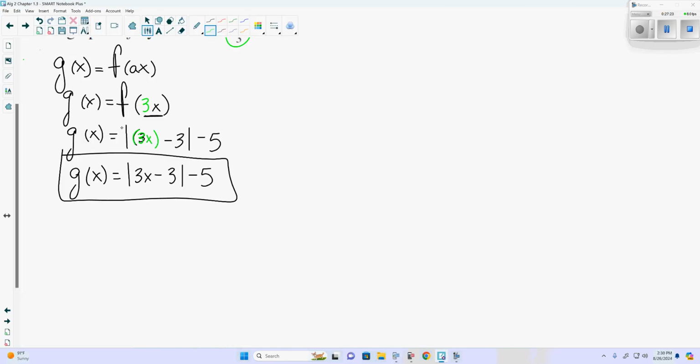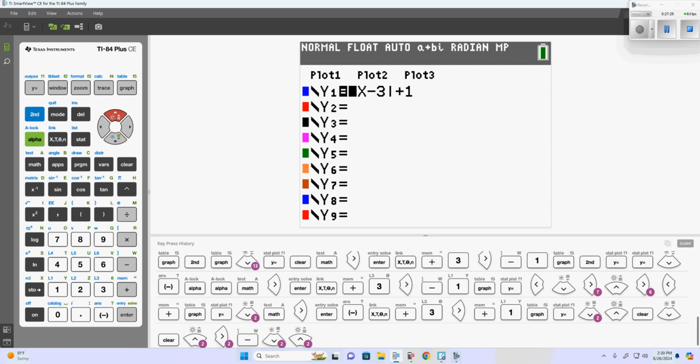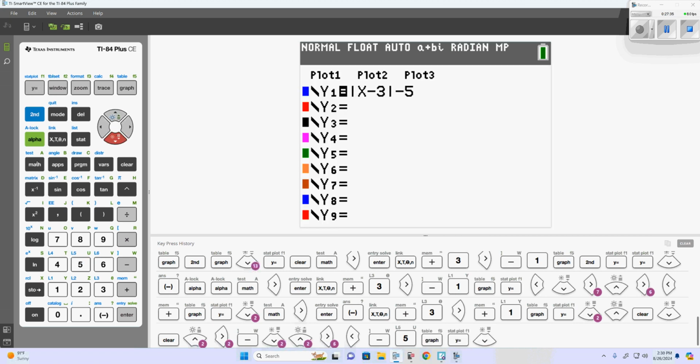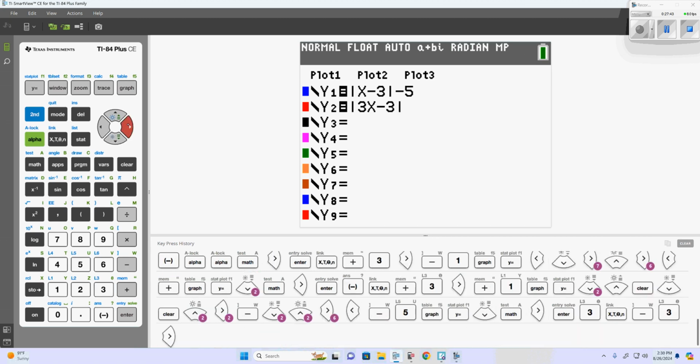Minus 5. So this here is our original graph. Now, 3x minus 3 minus 5 is the one that we came up with.